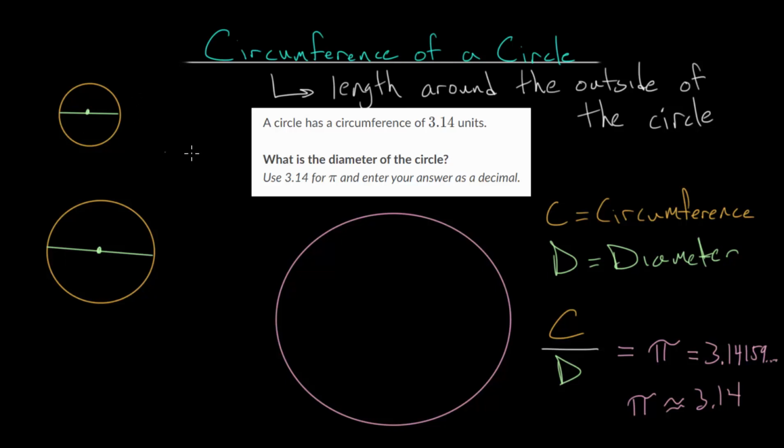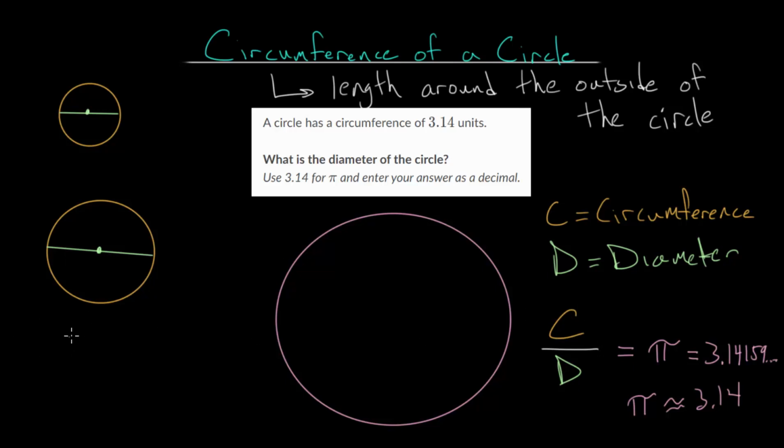But any circle, no matter what size it is, when you look at the length around the circle and divide it by the length across the circle through the center point, that ratio is equal to pi. And we can use this ratio to come up with a formula for the circumference.